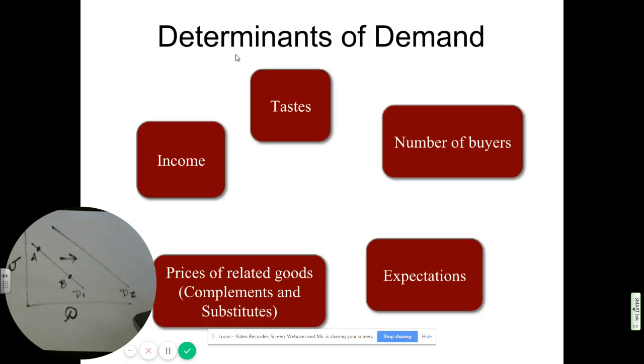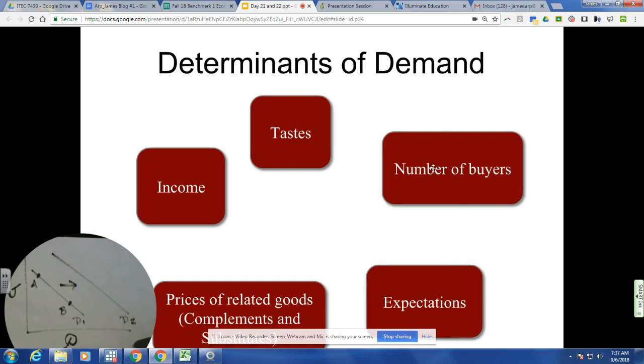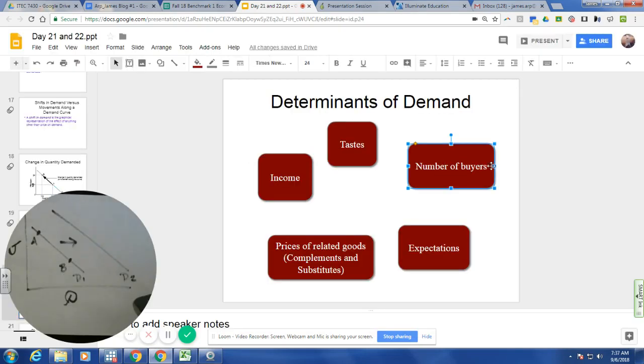Okay, so the determinants of demand, the things that cause our demand to change, there are 6 of these. So we have substitutes, expectations, population, or the number of buyers. It's probably easier to remember as population. As a matter of fact, let's just go ahead and change this.